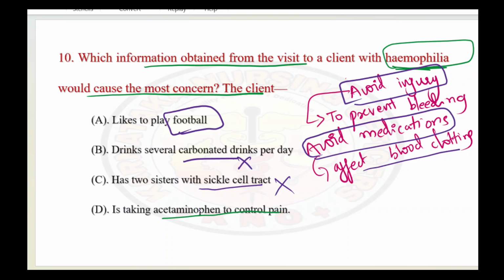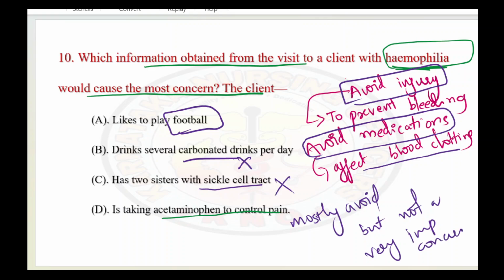The fourth is taking acetaminophen to control the pain. Mostly they need to avoid it, but it is not a very important concern. Still, that is a good option, but if you don't have the first option, you can opt for D.